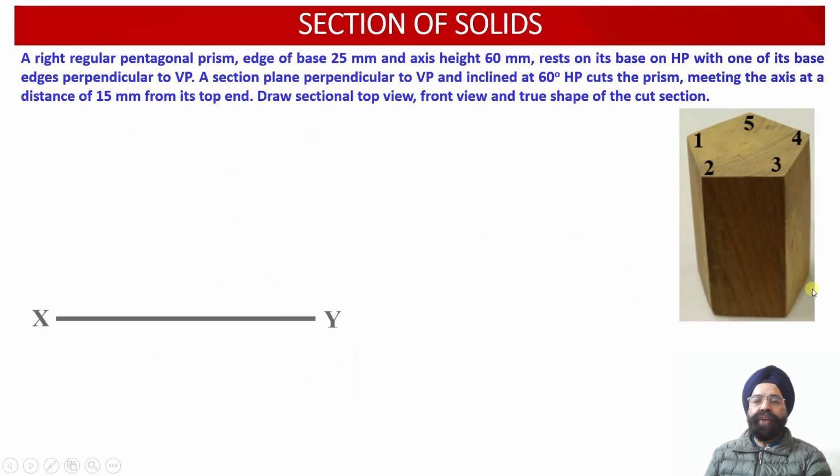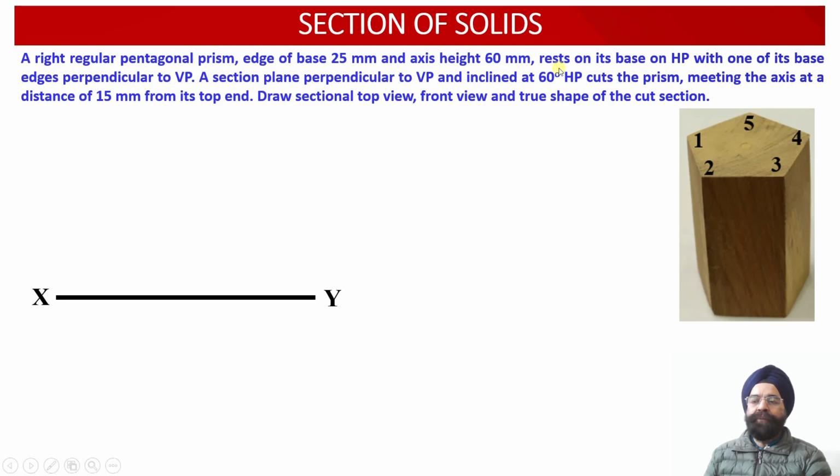Now let us first draw the top view projections of this pentagonal prism when the prism is resting on its base on the horizontal plane with one of the edges perpendicular to the vertical plane. We have been provided with the information that one of the edges of this pentagonal prism is perpendicular to the vertical plane.